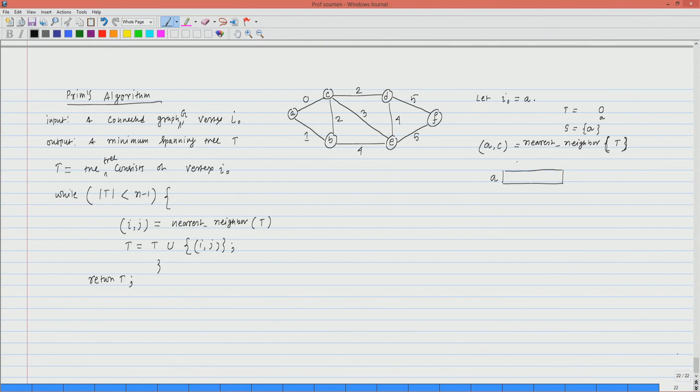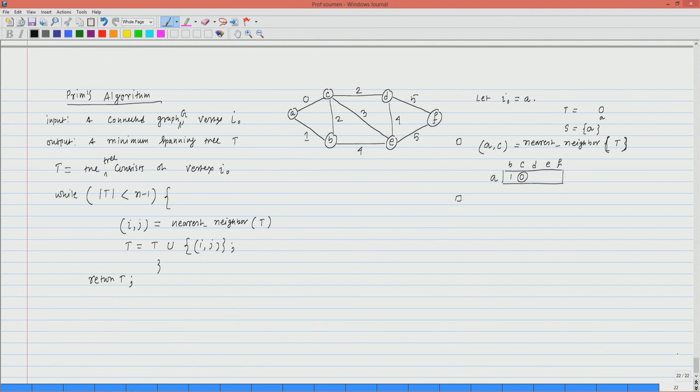S complement consists of B, C, D, E and F, and you can see that A and B there is an edge and the weight is 0, A and C there is an edge and the weight is 0, A is not adjacent to D, E, F. So, you can keep this blank. So, this is the smallest one. So, the nearest neighbor is AC. This is another way of computing the nearest neighbor. You can see from the figure also. So, this is at the first iteration.